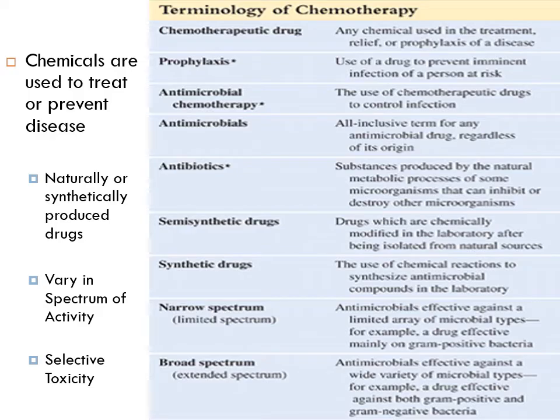So we have some terminology. Chemotherapeutic is a chemical substance used for treatment, relief or prophylaxis of a disease. Prophylaxis is the use of a drug to prevent imminent infection of a person at risk. Antimicrobial chemotherapy is the use of chemotherapeutic drugs to control infection.